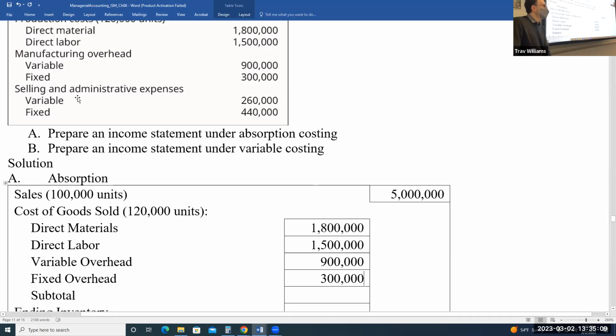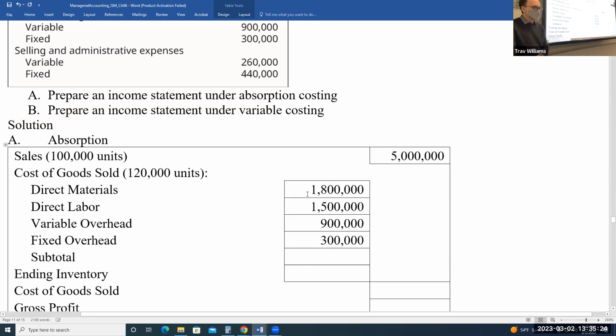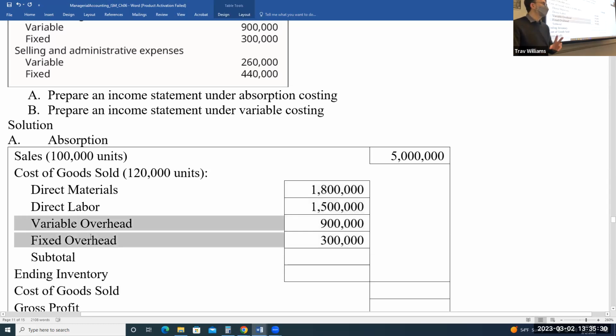And as usual, the selling and administrative expenses are going to be separate, because that's not part of production and manufacturing. Those are period costs, so we'll address those later on. These are all of our production related costs. In this case, they separated variable and fixed overhead, but together they make up the manufacturing overhead for everything that got produced in this period.